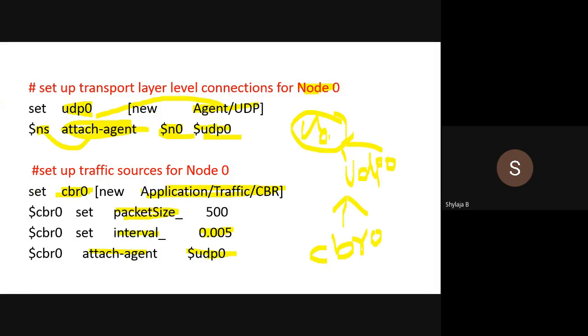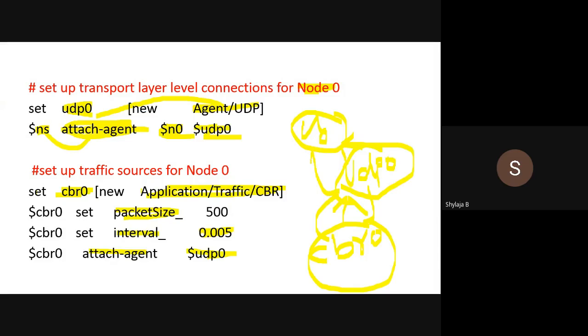So this is the procedure: create a node, then create a UDP agent and attach it to the node. Then you create a CBR agent and attach it to the UDP agent. You are not directly attaching CBR to the node. Instead, you are attaching CBR to the UDP agent, and UDP you are attaching to the node.